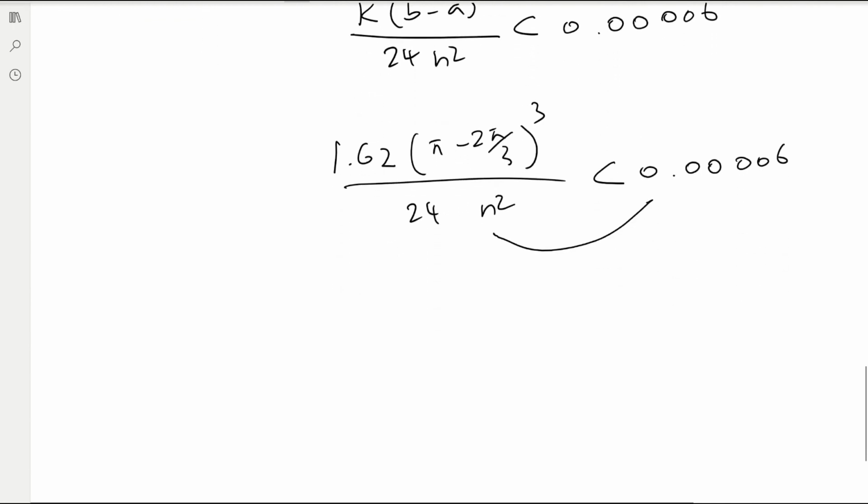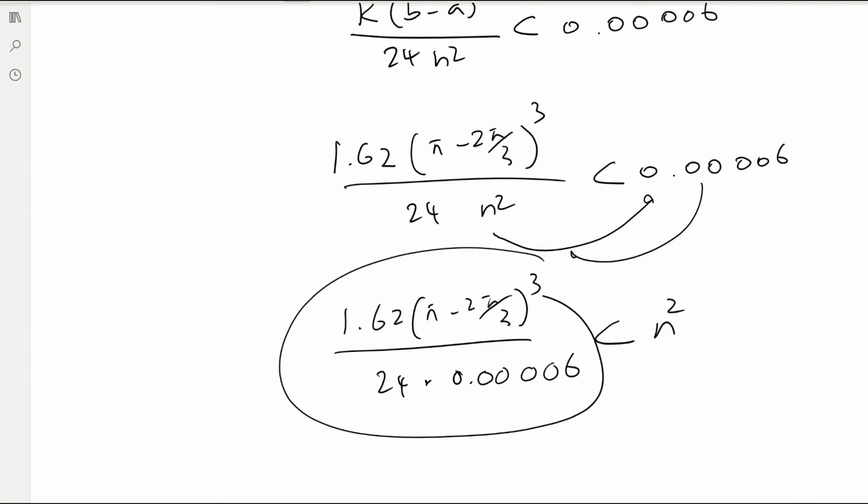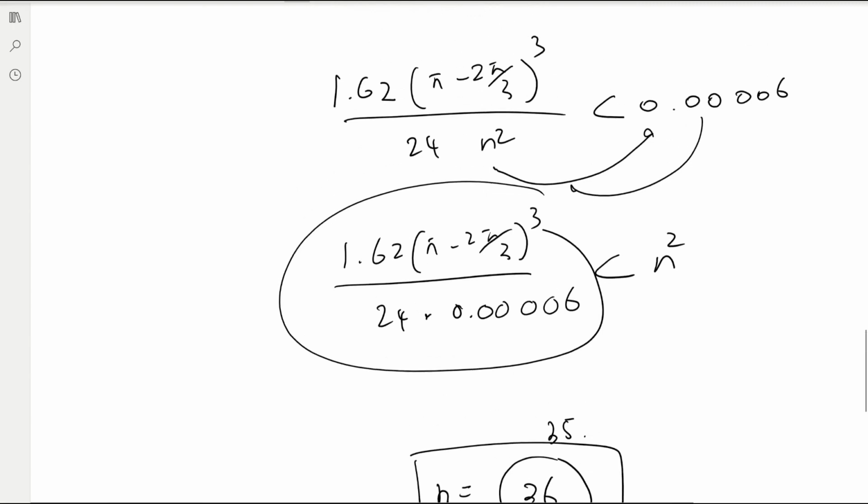So if I isolate n squared, it's 1.62 times (pi minus 2 pi over 3) cubed times 24, over 0.00006, should be less than n squared. Now you just need to take the square root of this using a calculator, and if I do that, I get 35 point something, but we round it up because we always have to round up in these problems. So it's 36. 36 is the correct number of intervals you need to get this much error.